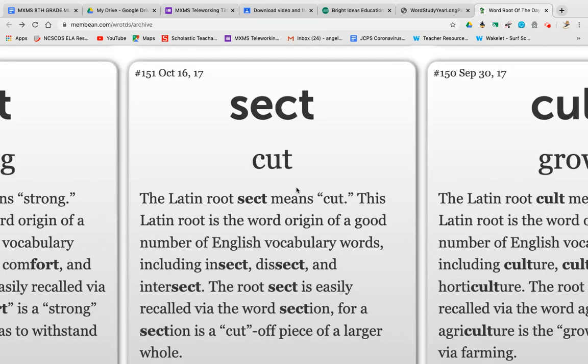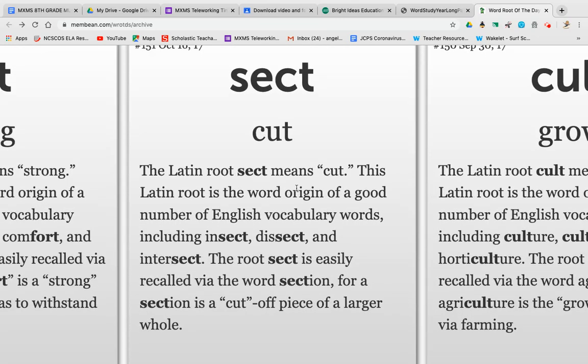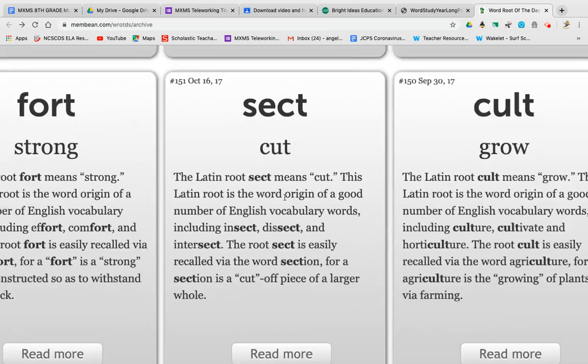So can you think of a word right now when I say S-E-C-T? If I give you the root word sect, what's the first thing that comes to mind? Here goes my Dora class. Yes, right. Dissect, insect, intersection, right? Or the word section itself.